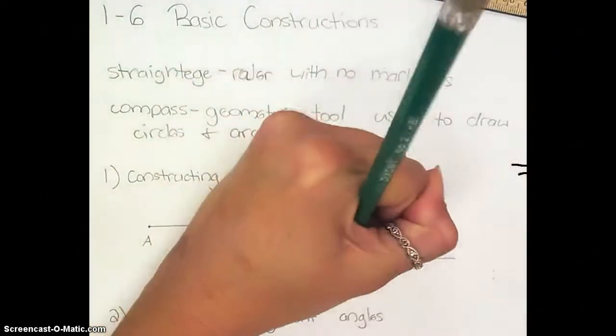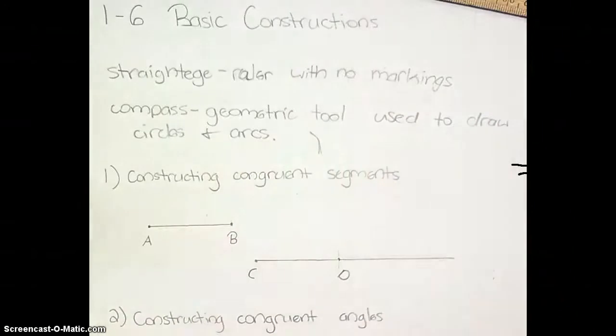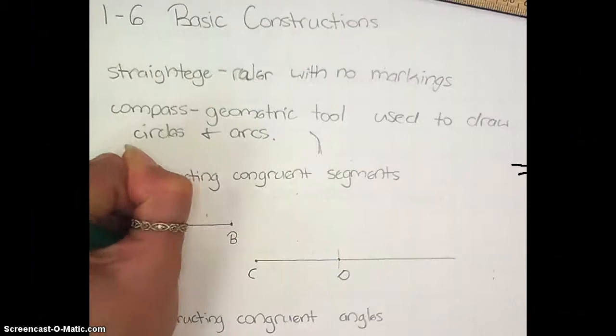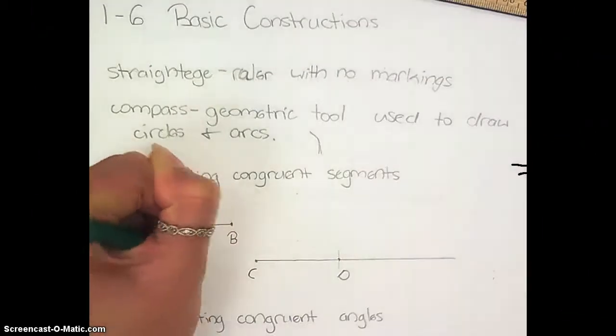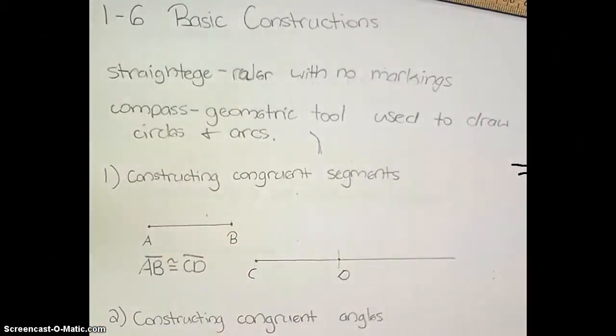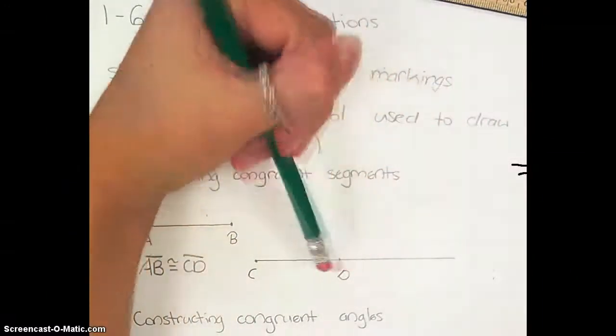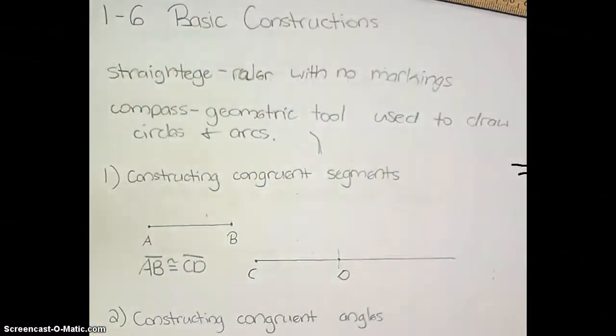Label that point D, and then now we have congruent segments. So we know that segment AB is congruent to segment CD. Okay, that's how we can make congruent segments. Once you get that, you can erase that end if you'd like, so that you only have segment CD left.